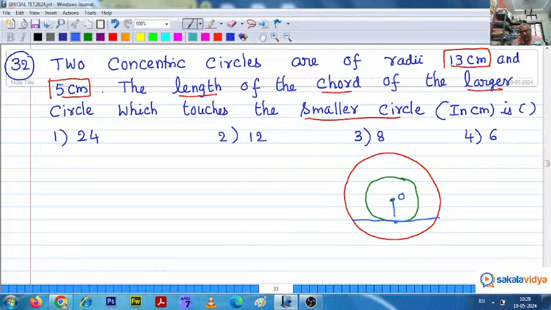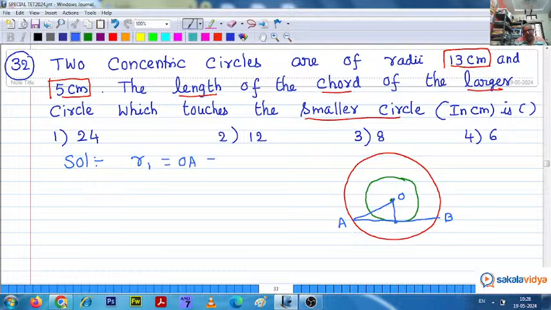Say O, join this one perpendicular. Say AB is the chord. So join OA.